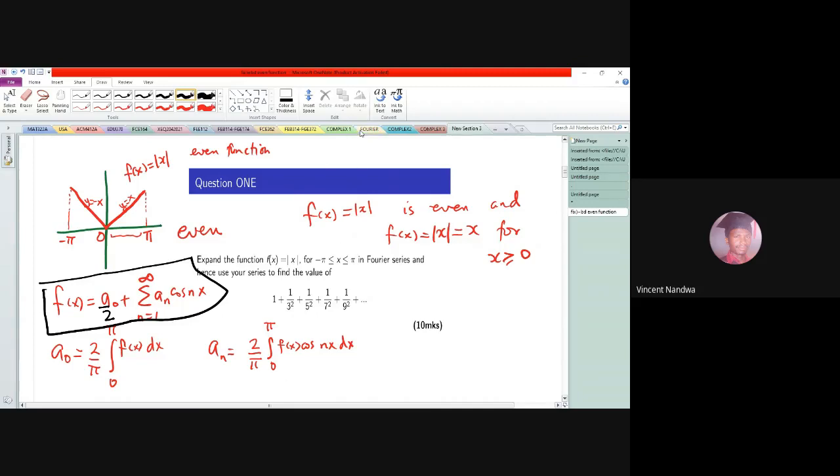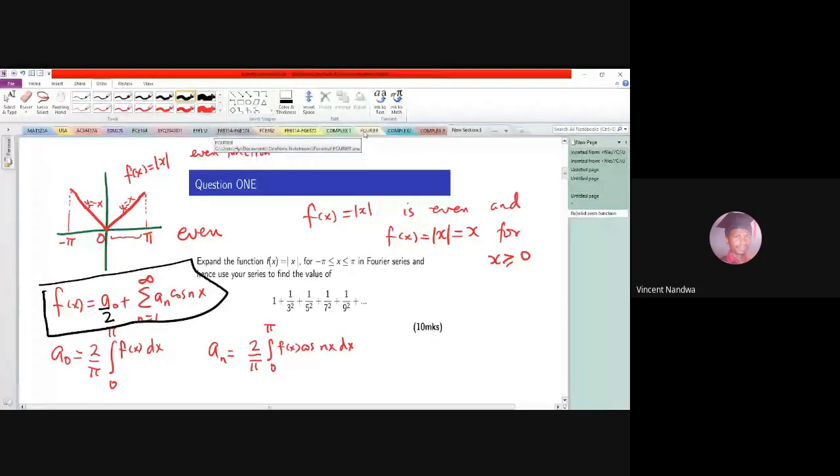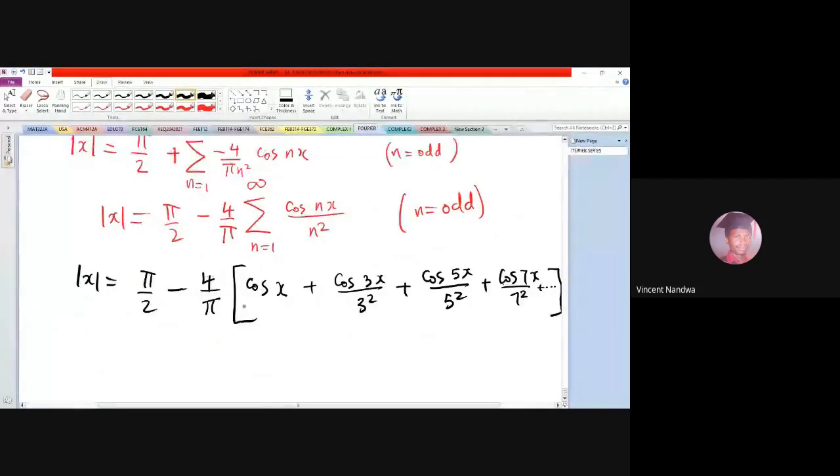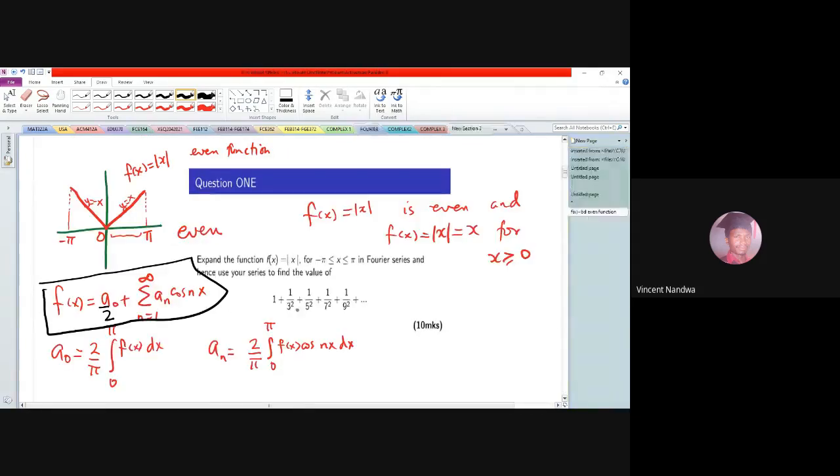For us to get that answer, we ask ourselves, how can we make this trigonometric part have a 1 at this point, and then the next term be 1 over 3 squared plus 1 over 5 squared, etc. So we let x be 0, so that this part will give us 1, so that it agrees with the format 1 plus 1 over 3 squared plus 1 over 5 squared, etc.